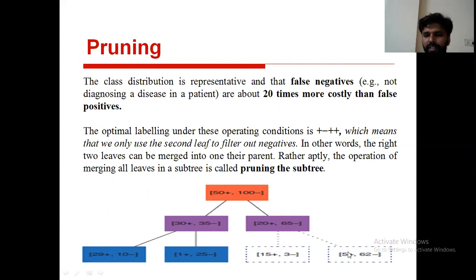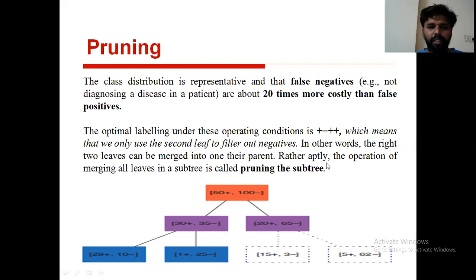If you observe this, these two labels will generate more false negatives. Then don't construct these two segments. Simply stop the splitting here itself, at 20 plus and 65 minus. Don't construct them, or if you construct them, then remove these two segments.